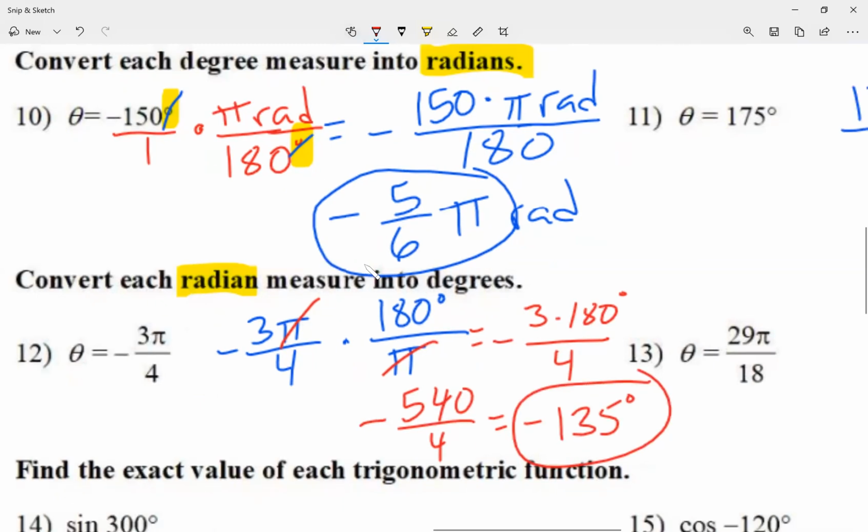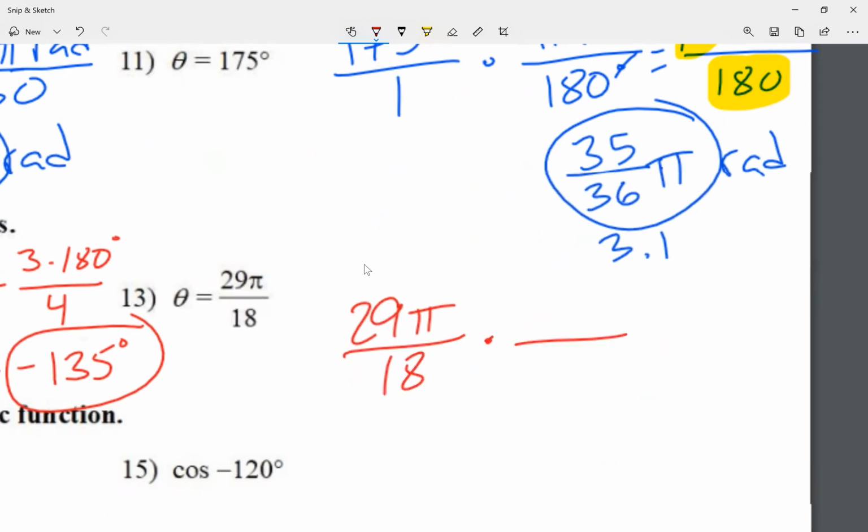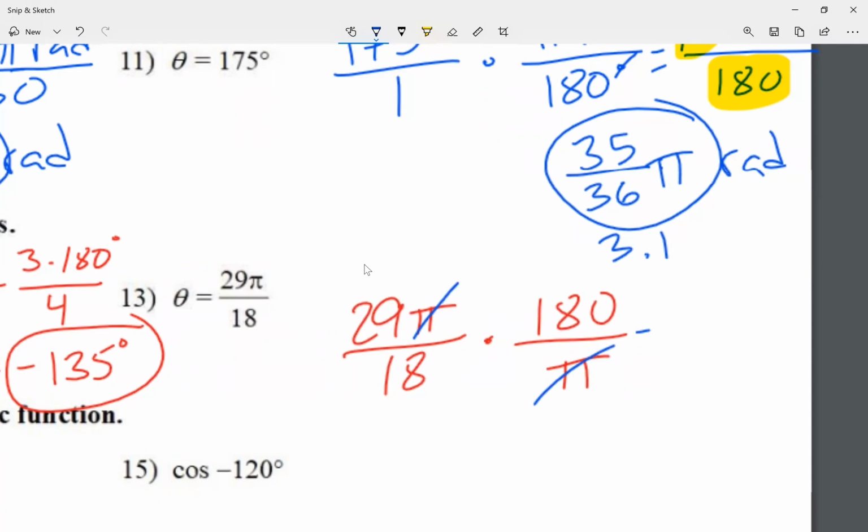All right, let's take a look at another example. How am I going to do this? I'm going to go 29 pi over 18 times my fraction. Either the top or the bottom is 180 degrees, and the other side is pi. I want to get rid of the pi symbol, so I'm going to make sure the pi symbol is at the bottom and 180 degrees is on top, because the pi symbol cancels out.